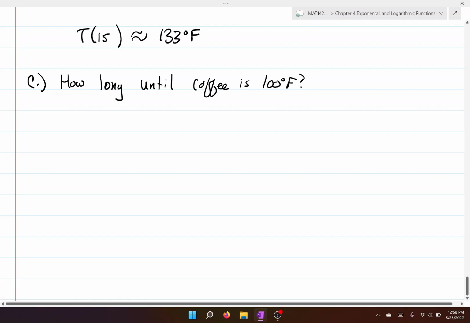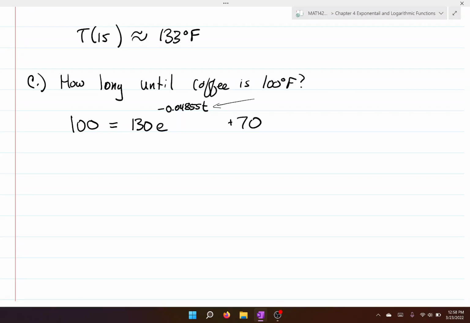So what we want to know is we know the final temperature of the coffee is 100 degrees Fahrenheit. What we want to know is how long is it going to take? So 100 equals 130 e to the negative 0.04855 t plus 70. So we're solving for t, which is our variable, which means eventually we're going to have to take the natural log of both sides.